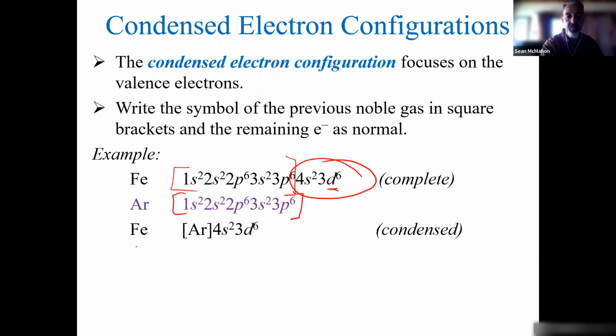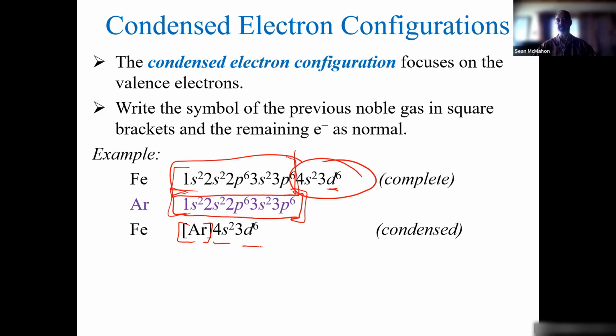But that's what we do. So for a condensed version, you can take the argon, put it in brackets, and that covers all of this, so you don't have to write this all out. And then you're left with 4s2, 3d6. So that's where you would drop down to the final period, the final row, and just fill out the remaining electrons to keep track of.